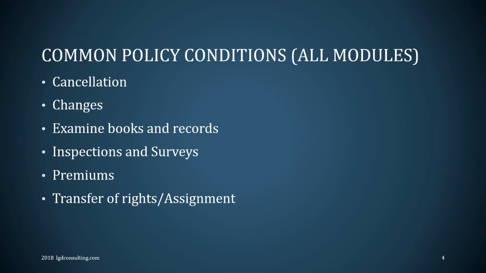The common policy conditions are found in all of the commercial package modules or package parts. Okay. Cancellation. What this means is the first named insured can cancel the policy at any time, typically in writing. The company typically can only cancel you out if it's material misrepresentation, fraud, or non-payment of premium. Right.